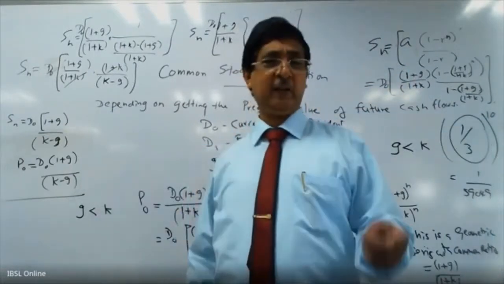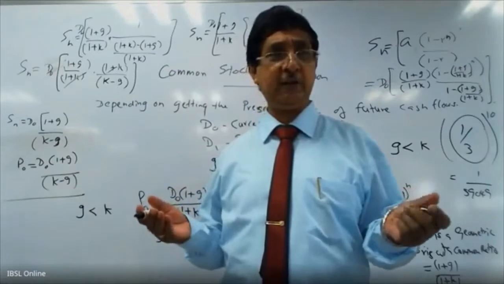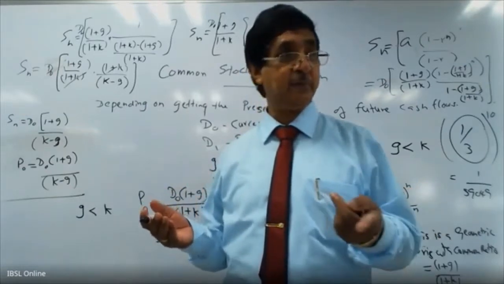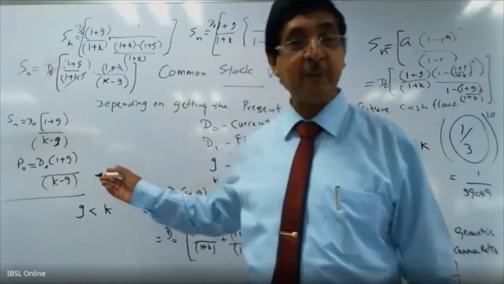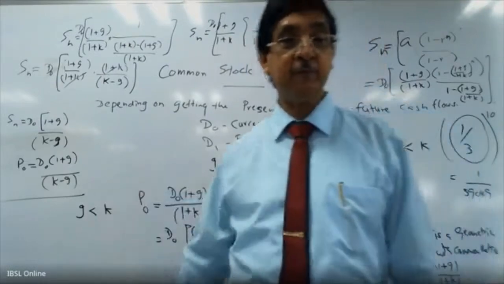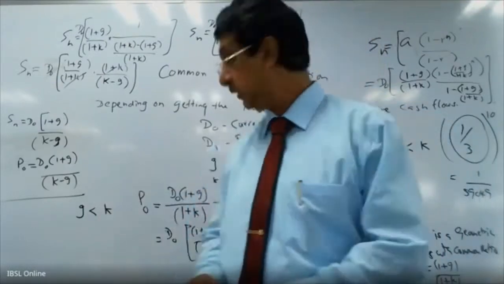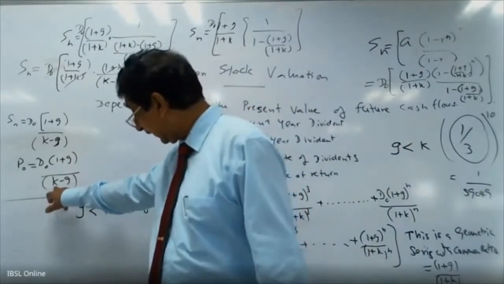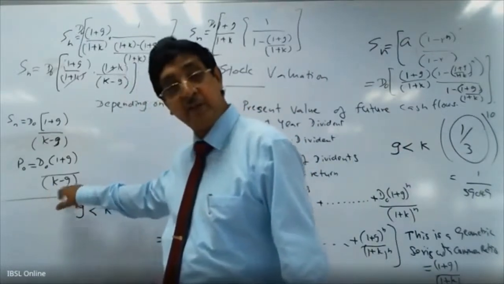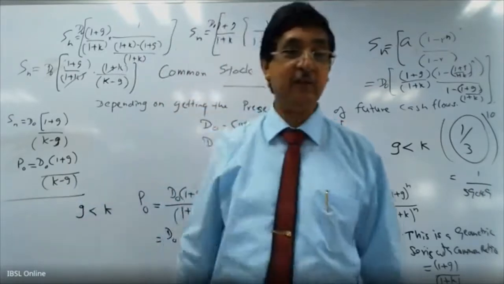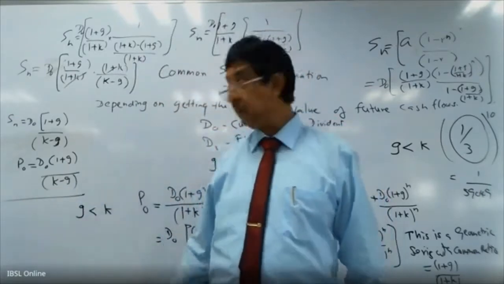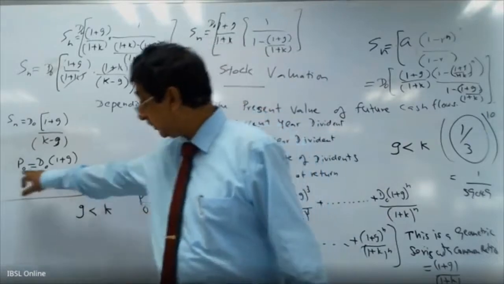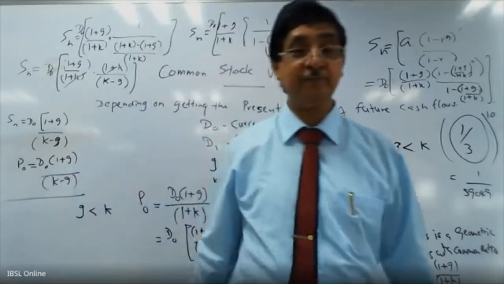I can't remember whether I discussed this. You get a minus price, no? If K is less than G, K minus G will become a minus figure. When it becomes minus, P0 also will become minus.